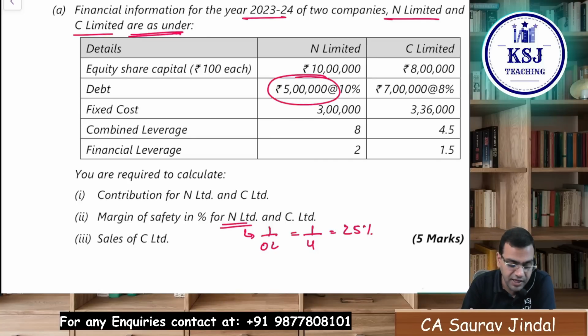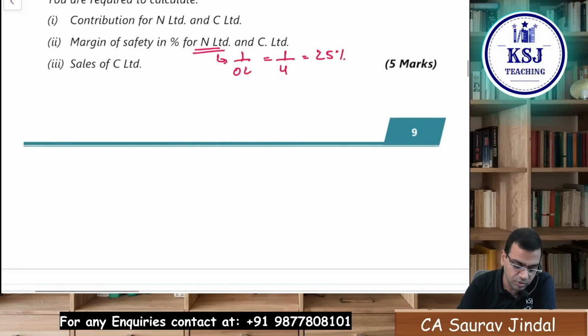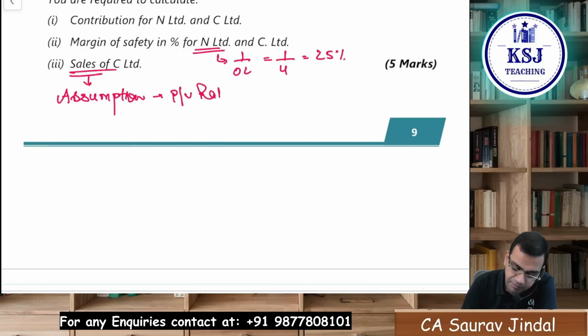So what they have done is they have assumed PV ratio to be something. Here you have to make an assumption with regard to PV ratio. Let's say the PV ratio is, they have assumed it to be 40%.